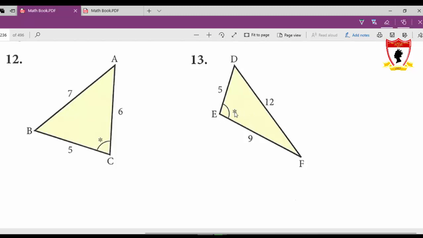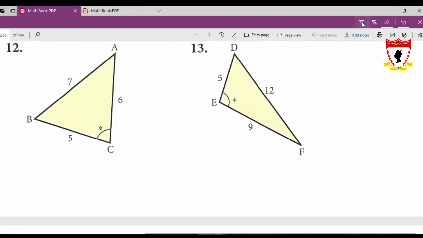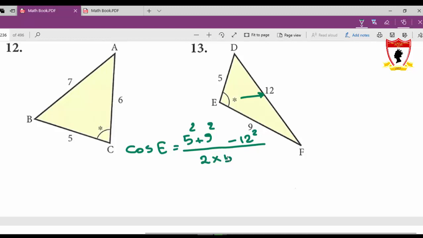This angle is missing, so we need to find angle E. Then we start by writing cosine of E. Cosine of E is equal to, the side opposite of E is 12, so there must be minus 12 squared, and the other two sides are just like this: 5 squared plus 9 squared minus 12 squared, and these 5 and 9 will come here as well, 2 times 5 times 9.